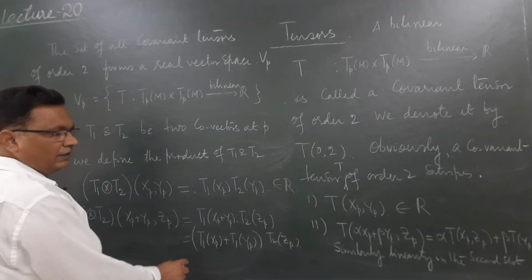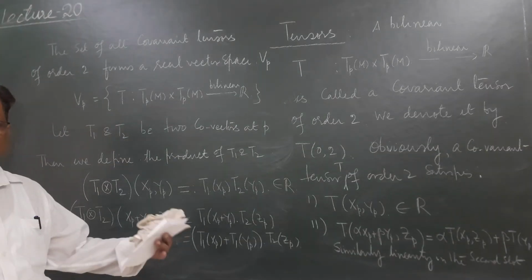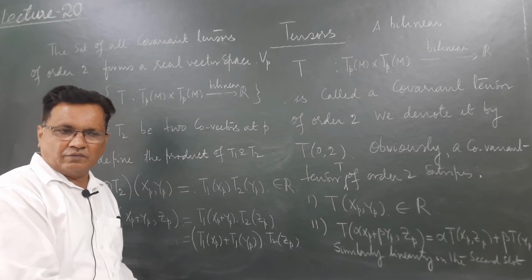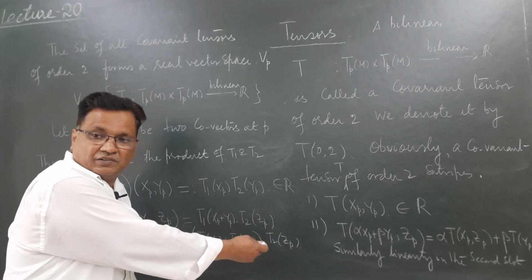Now you have 3 real numbers written in this manner. 2 in the bracket and the third outside the bracket. So distributive property will hold for this addition of real numbers and this multiplication of real numbers.